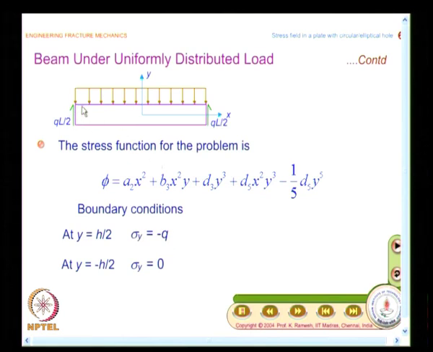On the top surface you specify the boundary condition, and on the bottom surface also you specify the boundary condition sigma y equal to 0. We also have, on the top and bottom surfaces, that is y equal to plus or minus h by 2, the shear stress is 0.